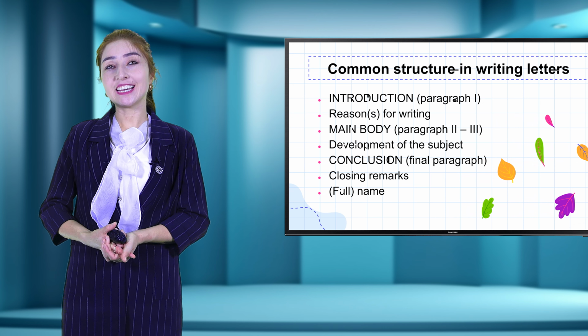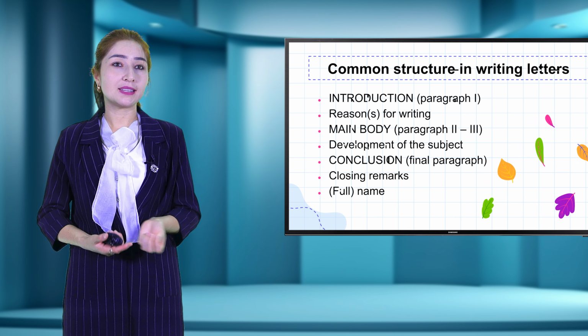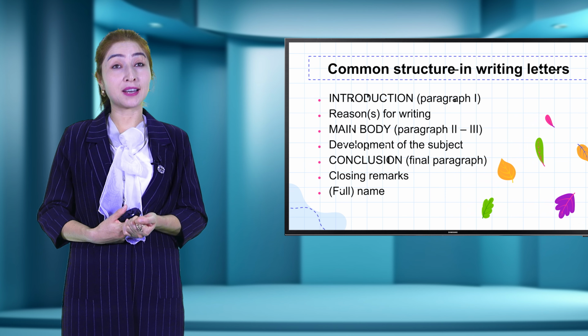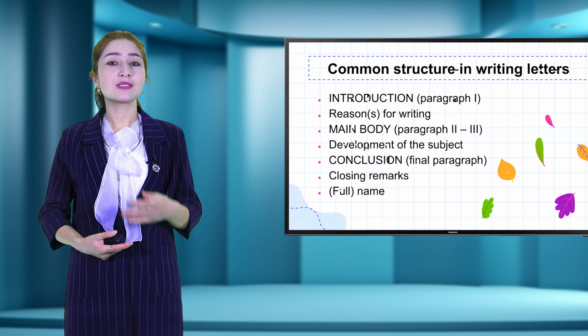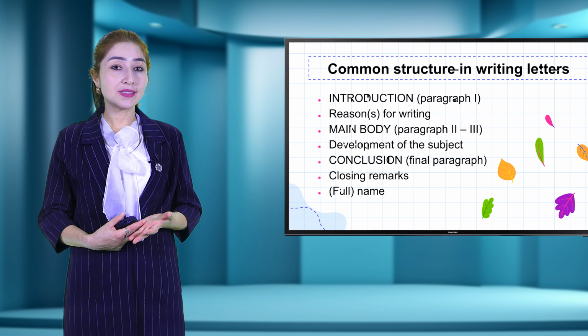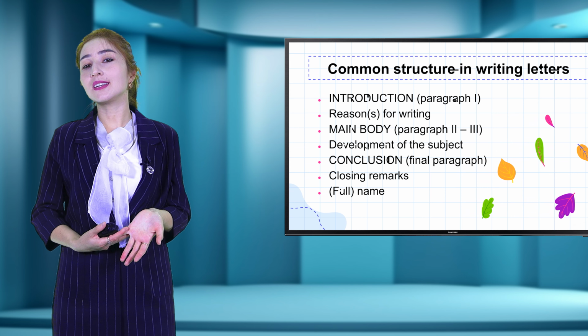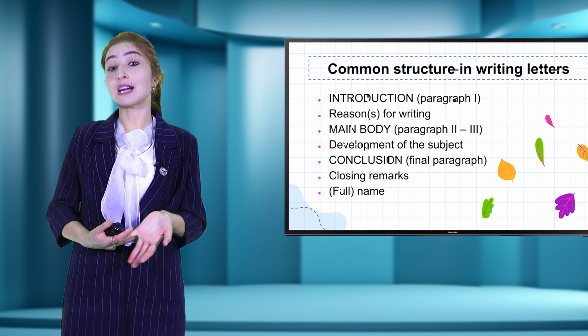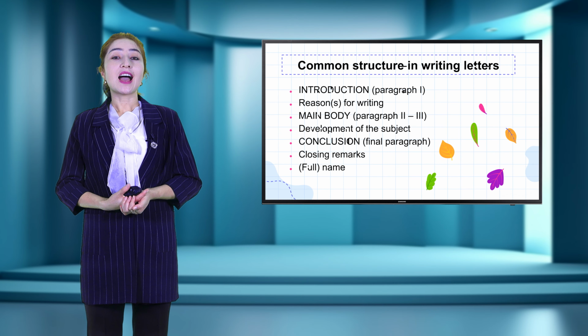After the introduction, we can write the main body paragraph. In the main body paragraph, we have the development of the subject. The last one is the conclusion paragraph, called the final paragraph. After the conclusion, we can write the closing remarks.